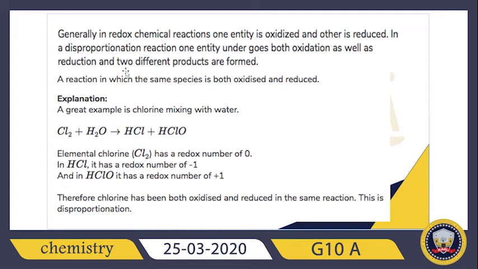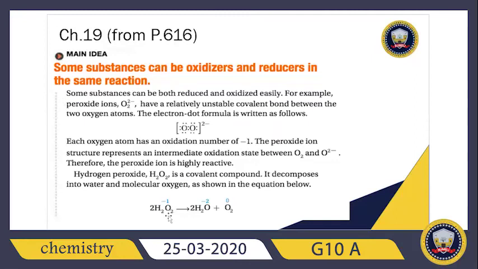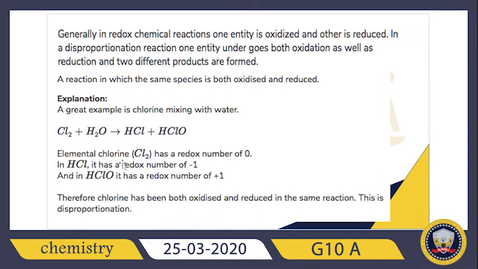So it undergoes reduction and oxidation, and two products are formed. Let's continue. Another great example is chlorine mixing with water.